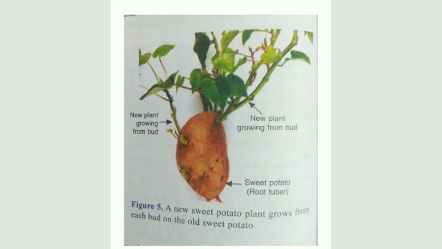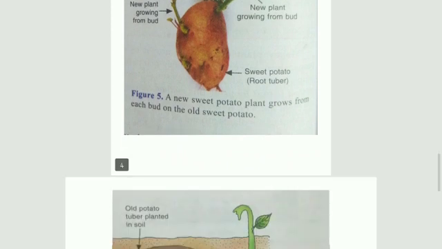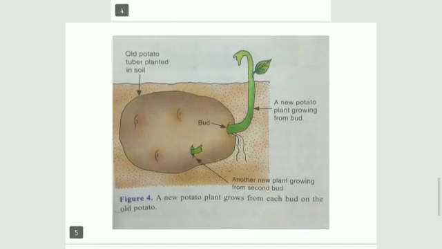But just have a look. And this is modification of stem. A new potato plant grows from each bud on the old potato. Every bud grows into a new plant, so the number of buds is the number of new plants.